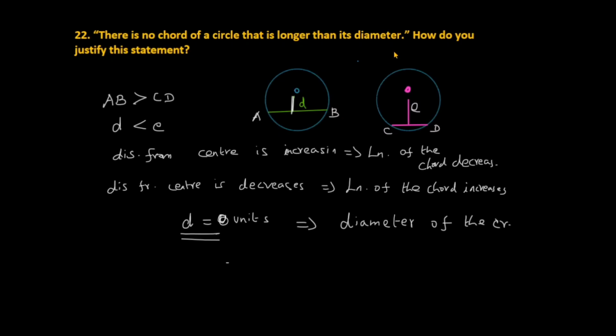So we are concluding the diameter is the longest chord. When the chord is moving further from the center, the length of the chord will decrease. When the chord is closer to the center, the length will increase. So the diameter is the longest chord.